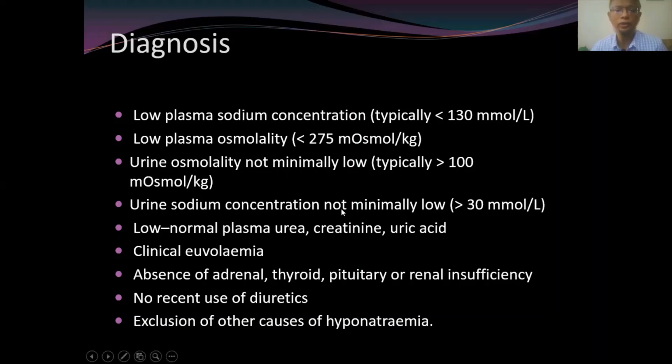Urinary sodium concentration not minimally low, that is more than 30 millimole per liter, and normal plasma urea, creatinine, uric acid, maybe even low, clinical euvolemia, absence of adrenal, thyroid, pituitary or renal insufficiency, no recent use of diuretics, exclusion of other causes of hyponatremia, then you can label it as a case of SIADH.